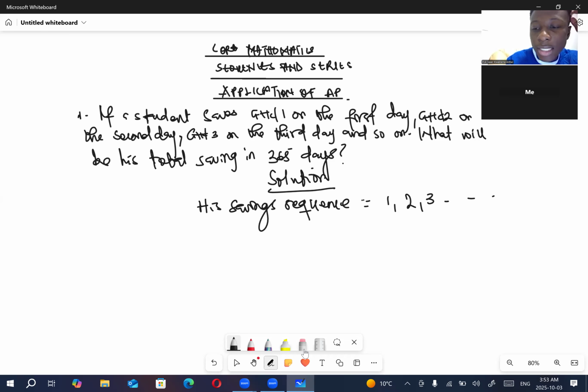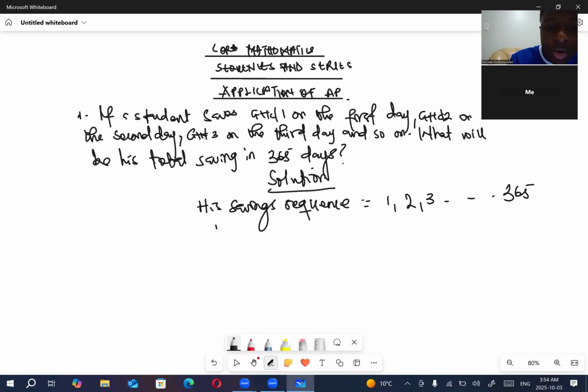And now they are asking us total savings for 365 days. So this is assumed to be at the end now. Total savings means sum, right?